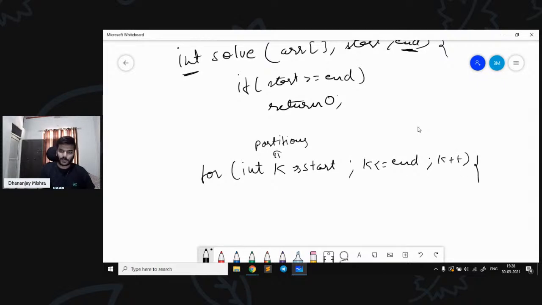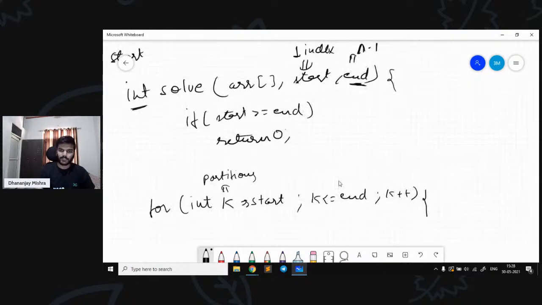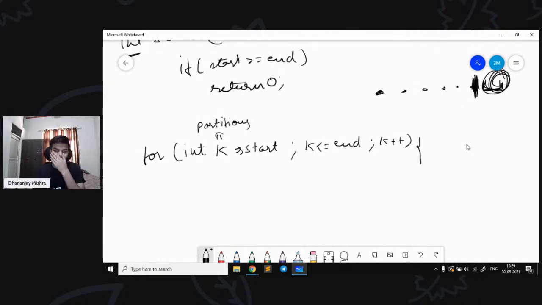Up till now, I hope it is clear, because we assume that we can do partitions up till this end. If I do a partition here, after that we will have an empty array, and this empty array will be taken care of by the base condition. We assume this, but I will tell you now why it will fail.